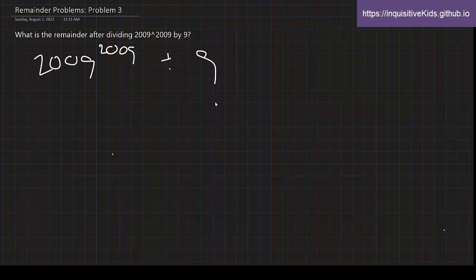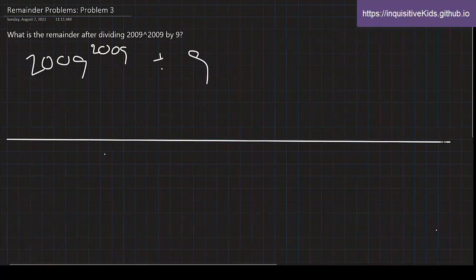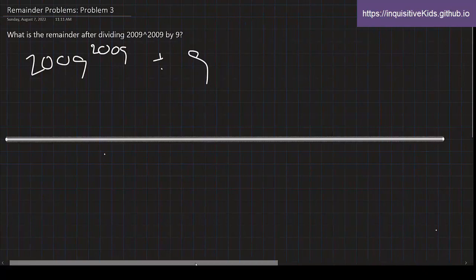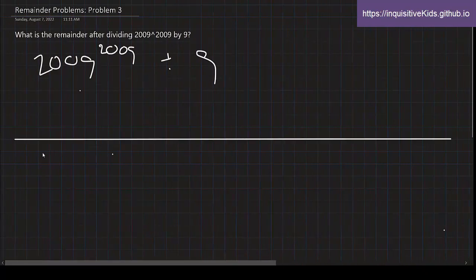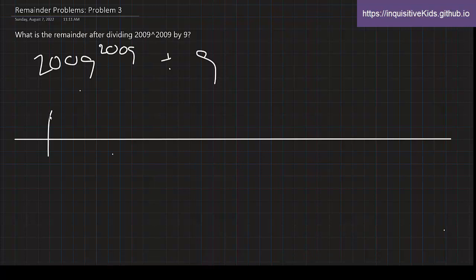The useful tool with patterns is to make a table. I love making tables. They're just so straightforward and it's easy to get the pattern from them. So over here, the top row is going to have all the different dividends, and the bottom part is going to be the remainders after being divided by 9.